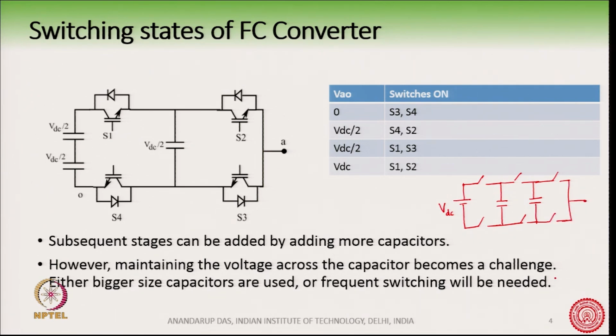So, in this case, by using different combinations of these switches, you can allow the current to flow this way, or you can allow the current to flow this way. In a similar way, for this capacitor you can allow the current to flow this way, or you can allow the current to flow this way here.